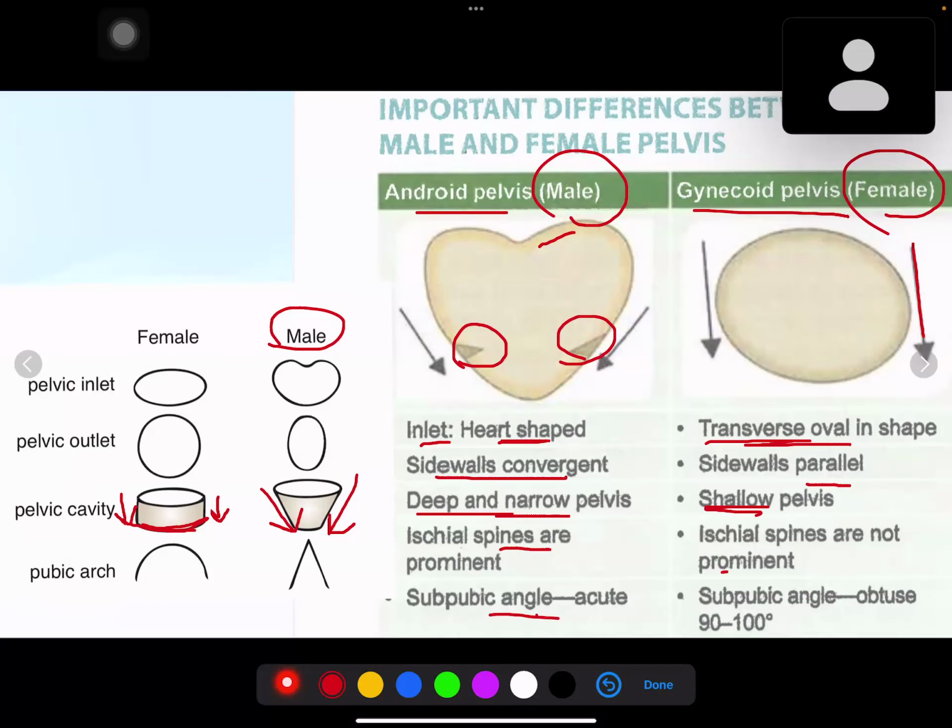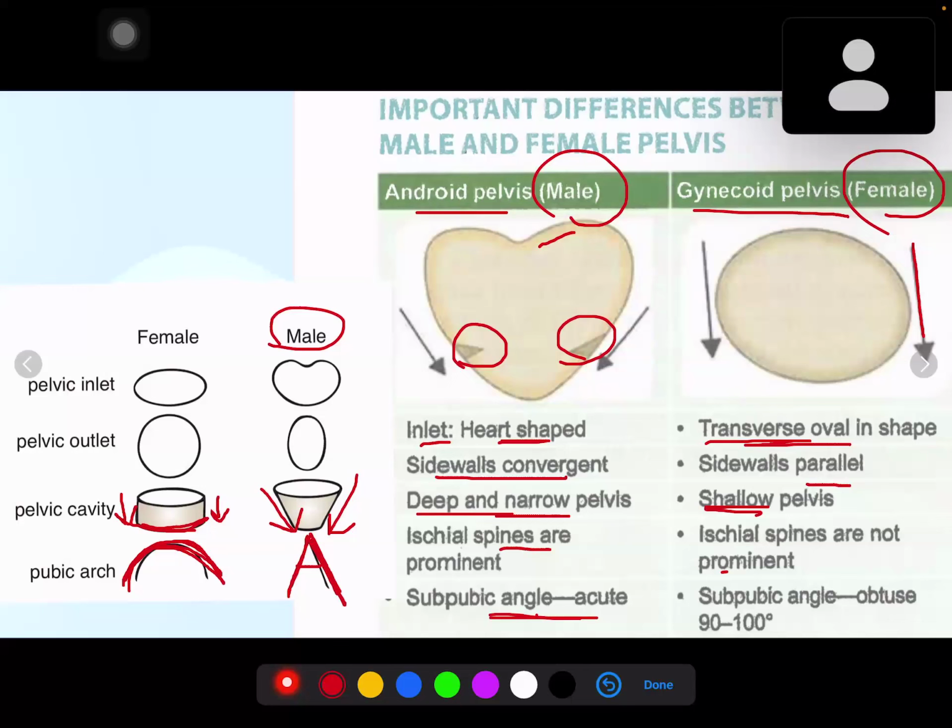And the very important difference between these two pelvis is the angle. See, if you look at this arch, this is a very acute angle, so it would be less than 90. And here in the female pelvis, the angle would be much bigger, more than 90 to 100. Okay, so that's a very important slide for your exam purposes as well: the difference between the male pelvis and female pelvis.